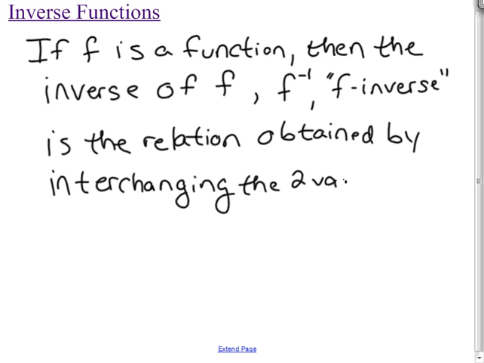So switching the two variables. That's what makes something an inverse. It looks at interchanging the two variables.